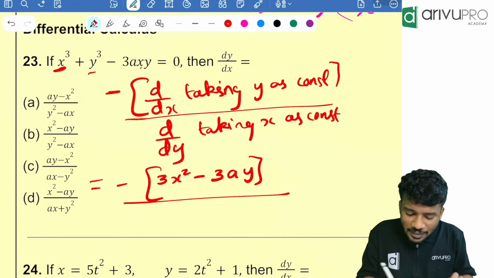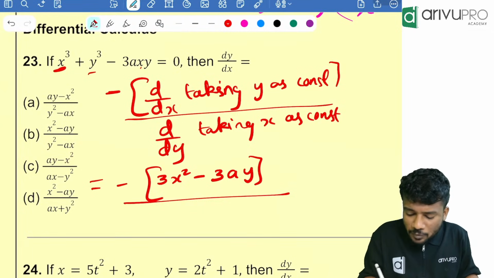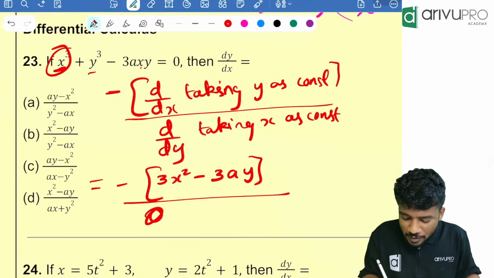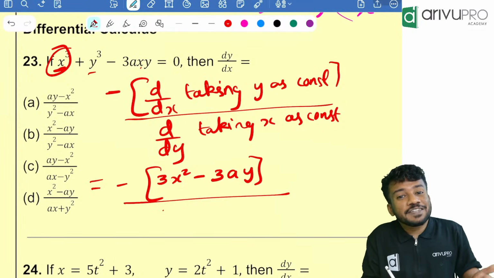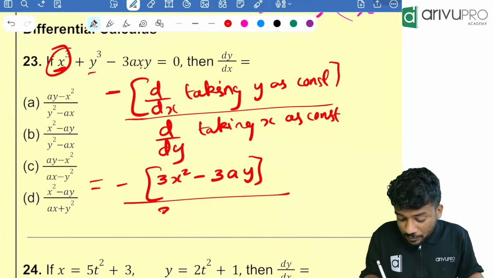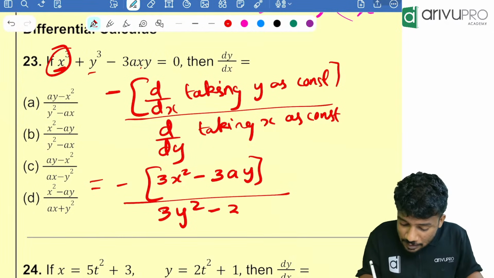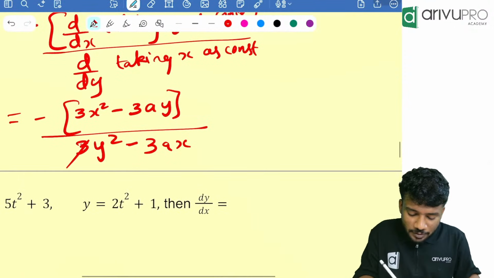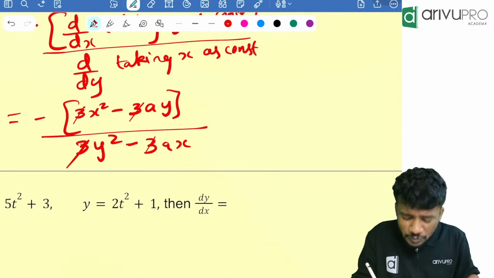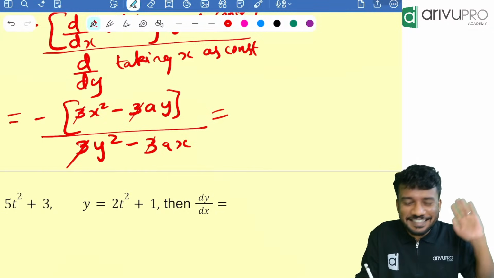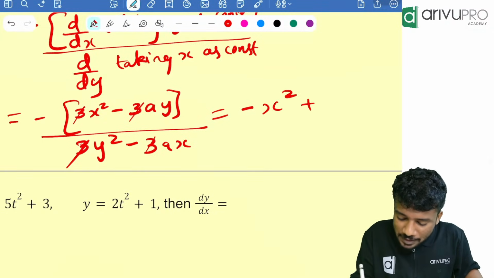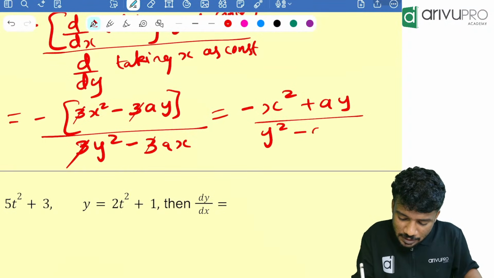Divided by the derivative with respect to y, taking x as constant: derivative of x cube is 0, plus derivative of y cube is 3y square, minus 3ax, then derivative of y is 1. 3 is common in everything, cancel it off. Then what remains is minus of x square plus ay divided by y square minus ax.